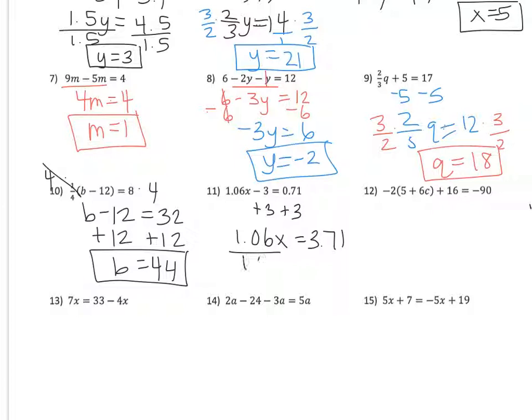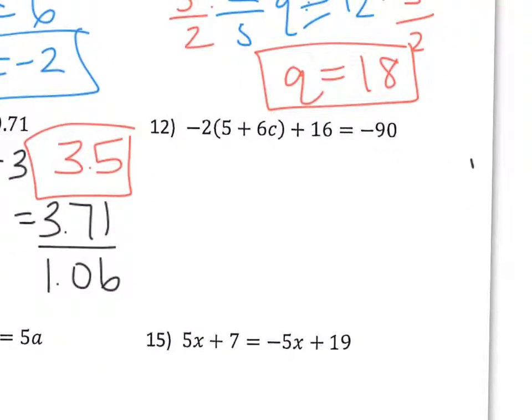And divide both sides by 1.06. So when you calculate, I'm going to do 3.71 divided by 1.06, and get 3.5. So it's 3.5.